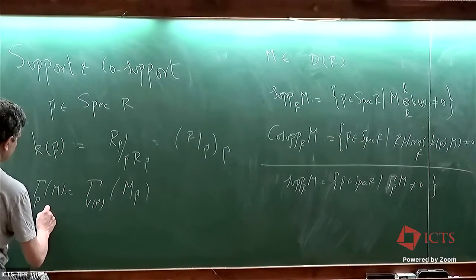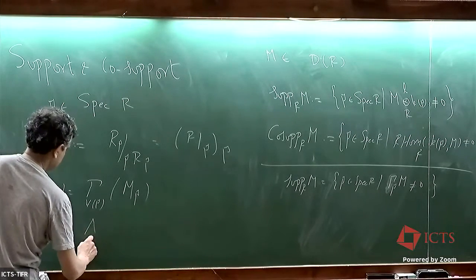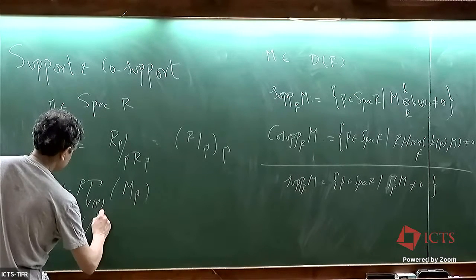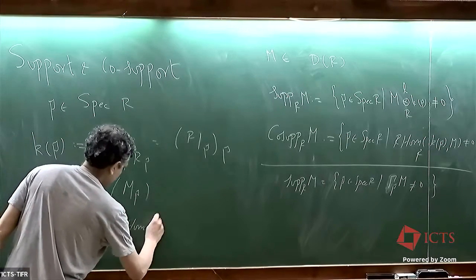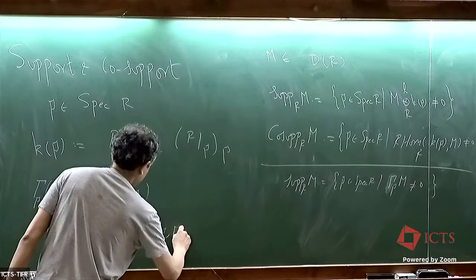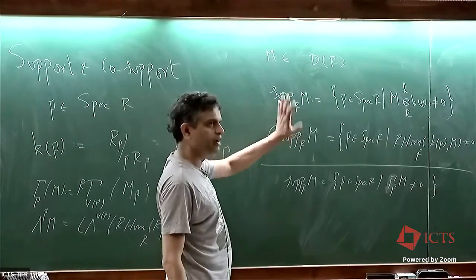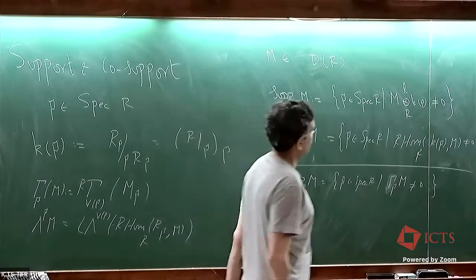You can look at sort of the P-local, P-colocal, P-completion, which is completing with respect to V(p) of the functor M. Let me not worry too much about this. The only point I want to make is that there's a way to define support and co-support very generally. It's not something specific to the local algebra context. Okay.